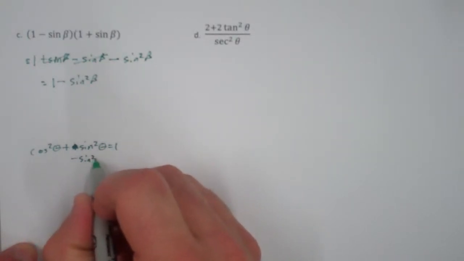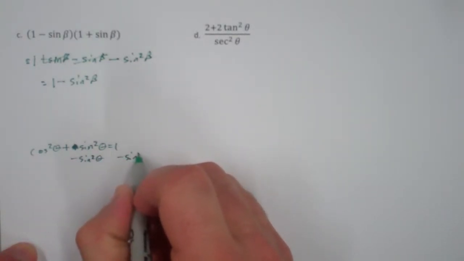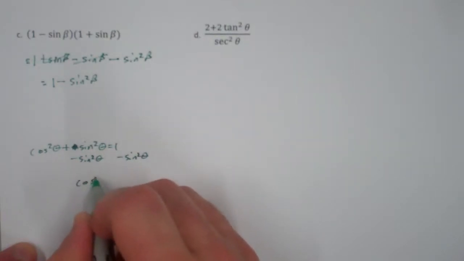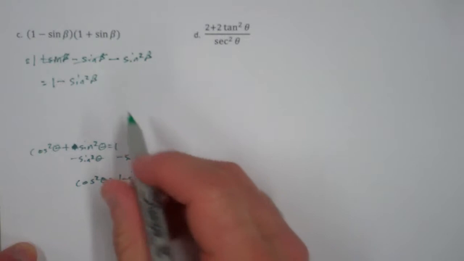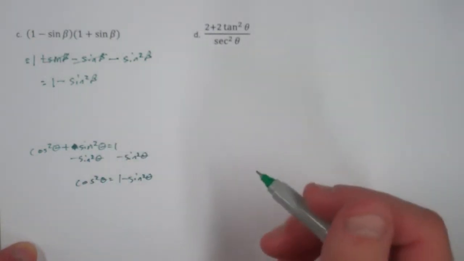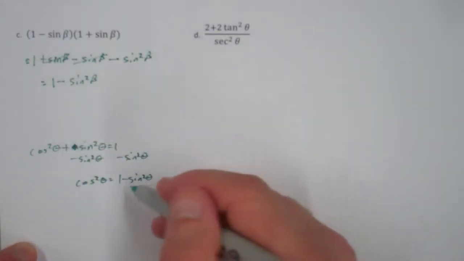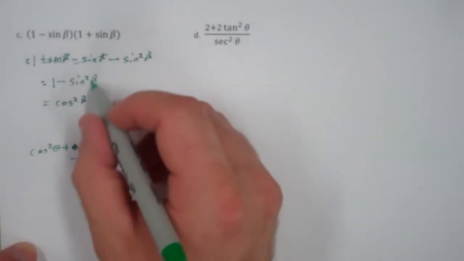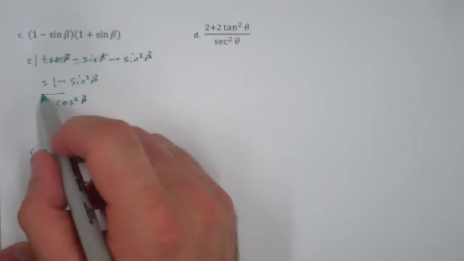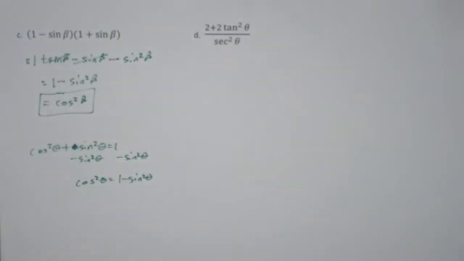We're going to adjust it by subtracting sine squared theta. So we've got the cosine squared theta equal to 1 minus the sine squared theta. Well, the variable is different, but that doesn't matter. 1 minus the sine squared is the cosine squared, and we'll use, of course, the variable we're given in the original. Not much you can do with this one. It's fully simplified.